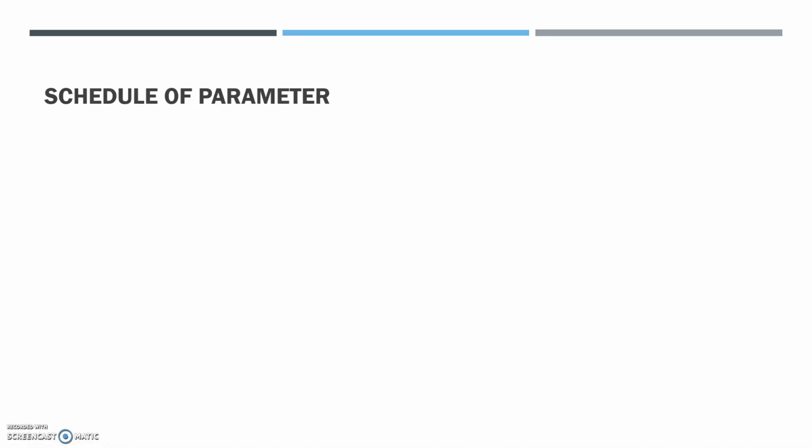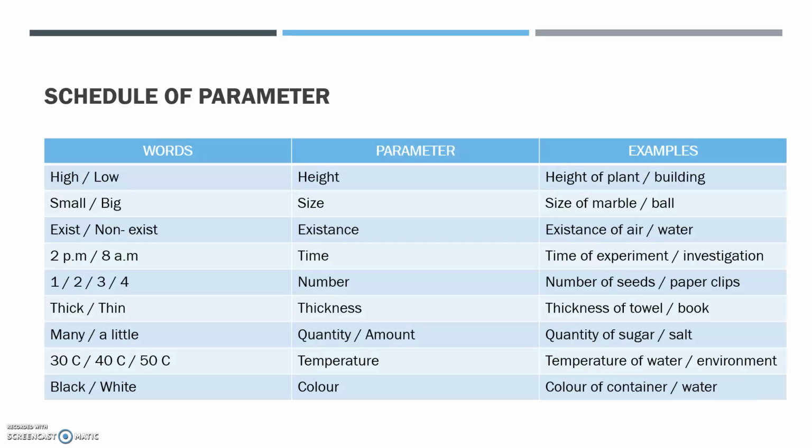Okay, just now we looked at the way to write variables, and then we want to look at the schedule of parameters, where we use these parameters. Okay, alright. This is a table. Okay, let's say we are facing the word high or low. In the question there is the word high or low.